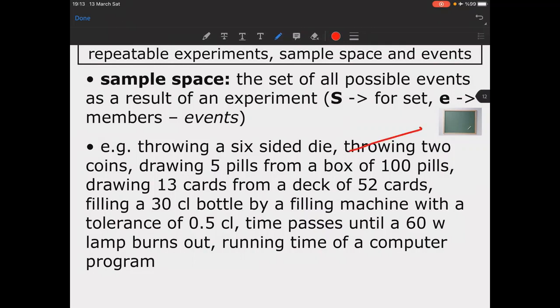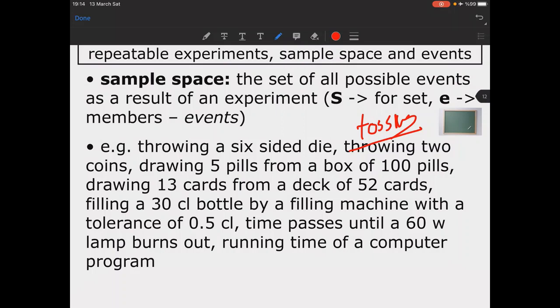For example, throwing a six-sided die, tossing two coins, or drawing 5 pills from a box of 100 pills, or drawing 13 cards from a deck of 52 cards. Yes, that's also another experiment. Or filling a 30 centiliter bottle by a filling machine with a tolerance of half a centiliter, for example.